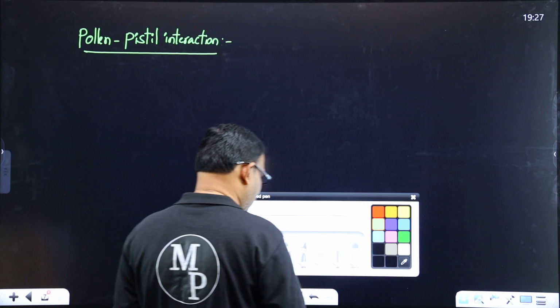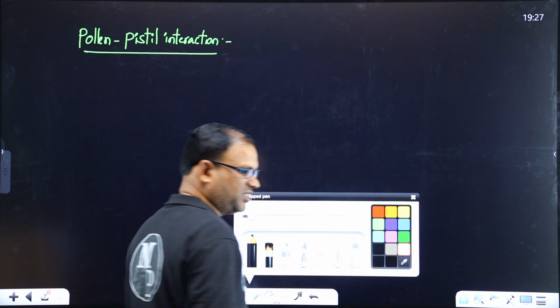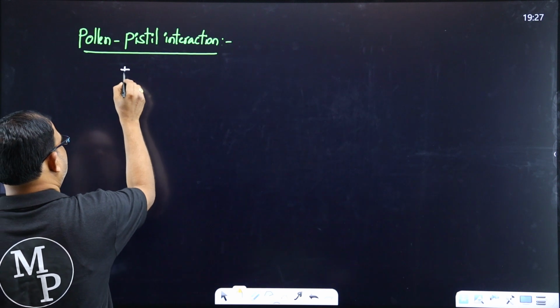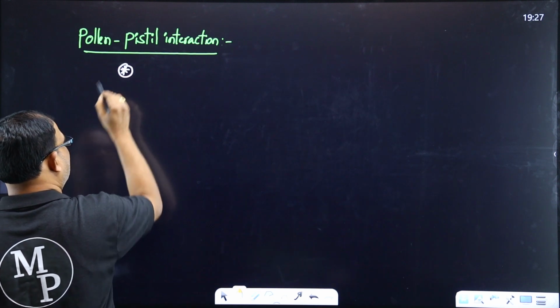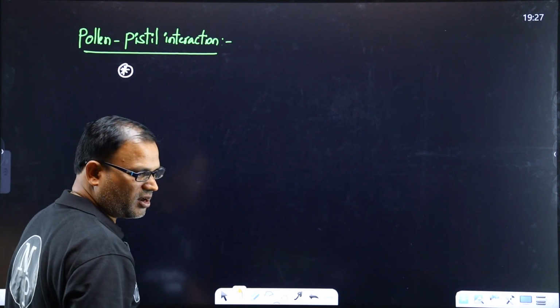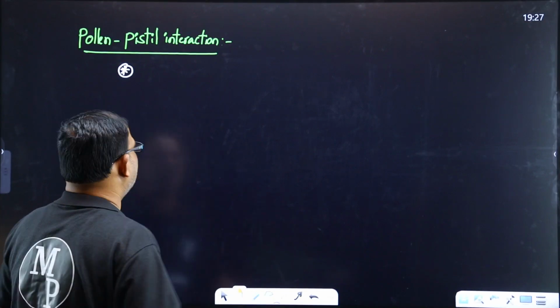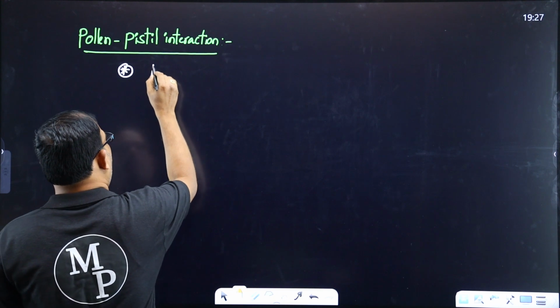Pollen pistil interaction means: pollination does not guarantee the transfer of the right type of pollen. A very important line, the first statement in NCERT.